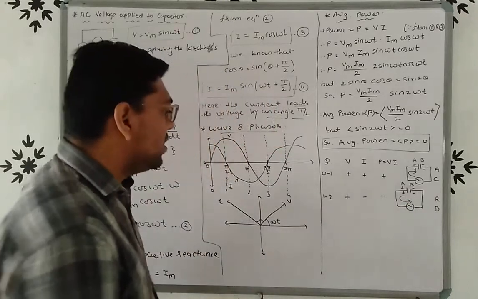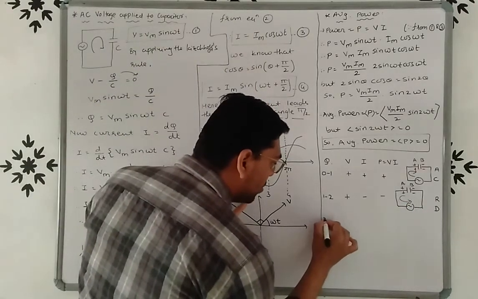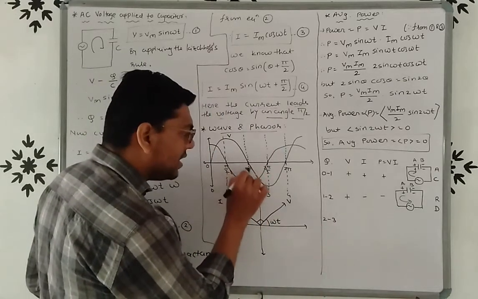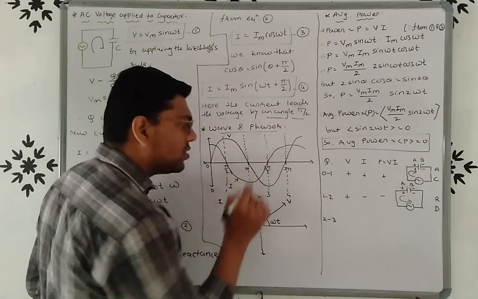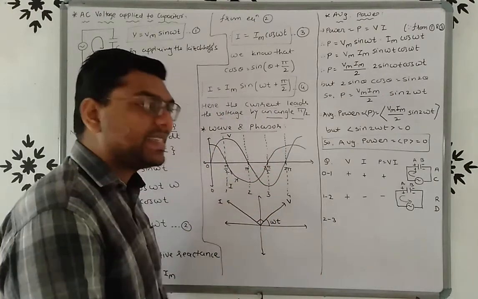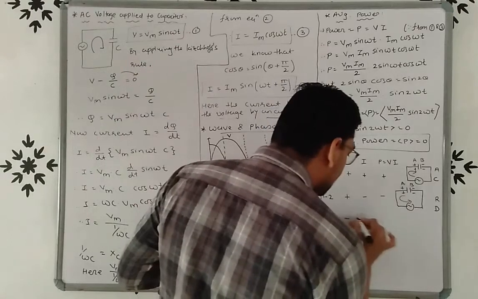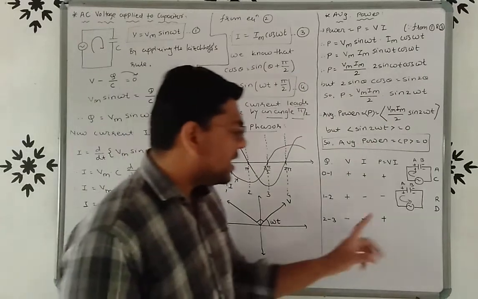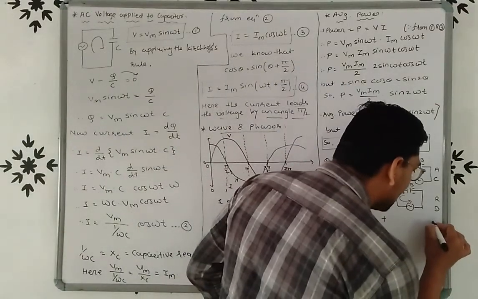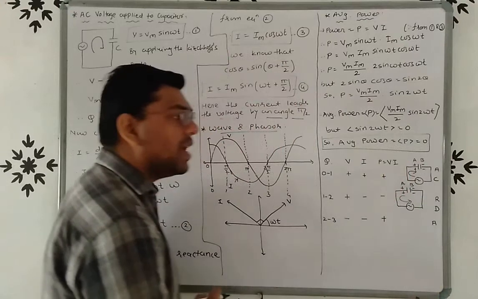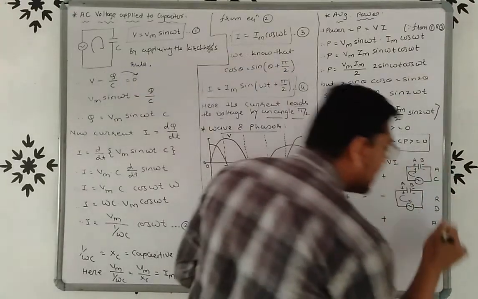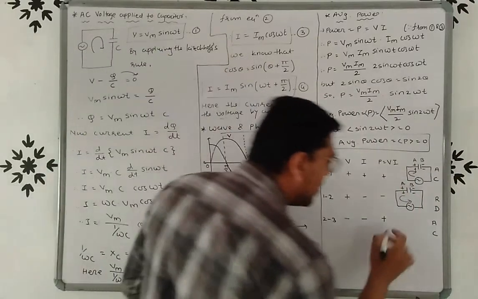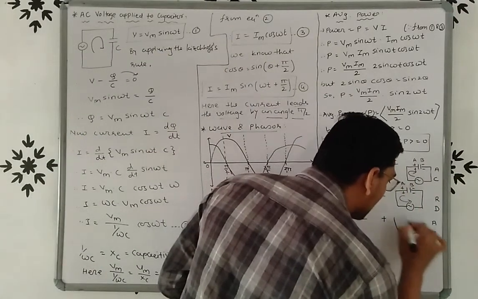Now the third quarter, from 2 to 3. For this quarter the voltage is negative and the current is also negative, because both are below the x-axis. Voltage and current are both negative, so the product is positive. Once again, as the product is positive, the energy is absorbed, and the capacitor starts charging, right?